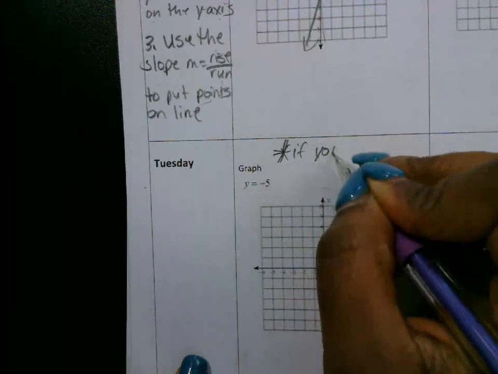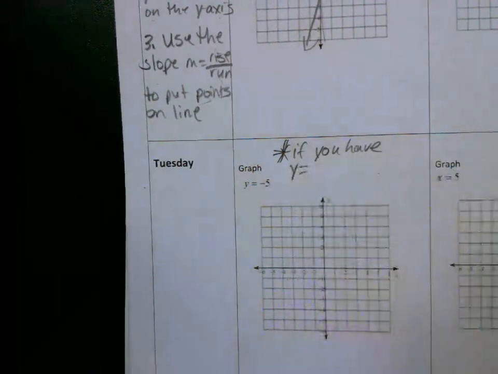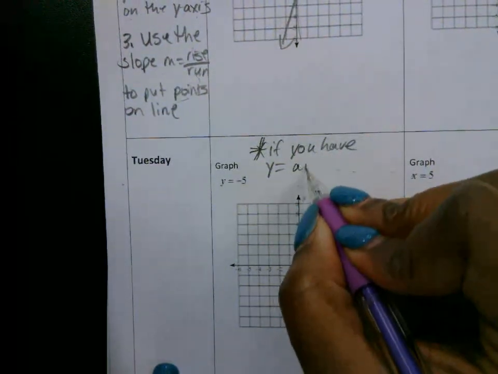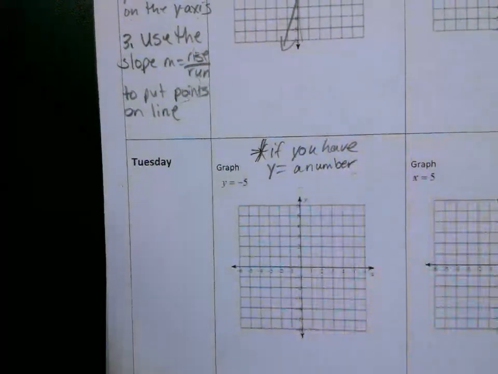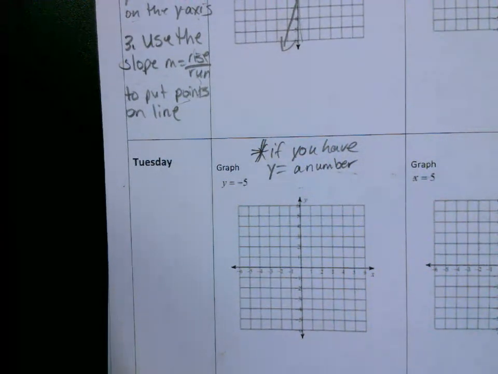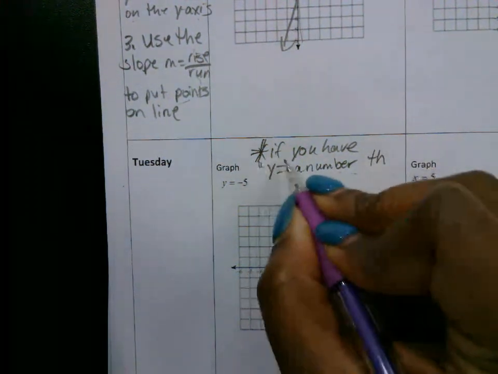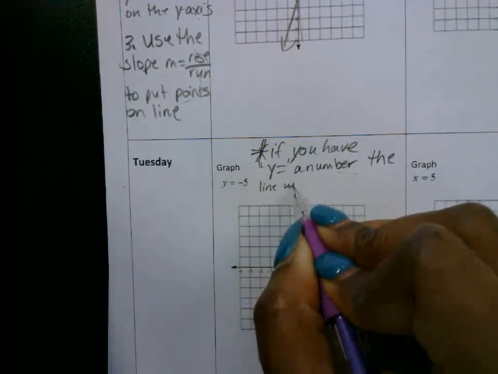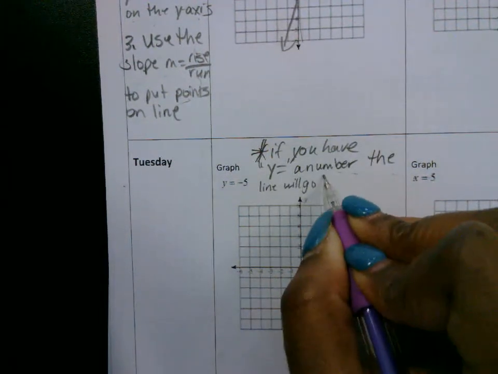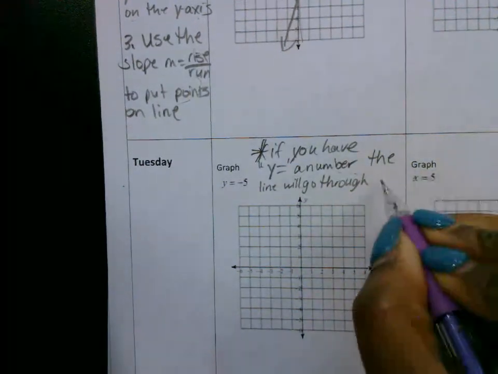If you have y is equal to a number of any sort, just y is equal to a number, no x, no nothing else, the line is going to go through the y-axis.